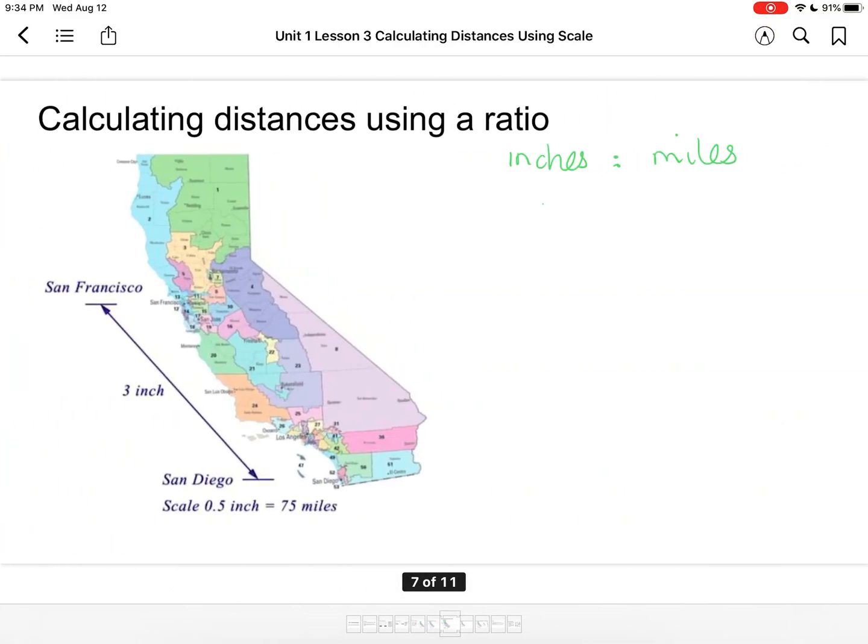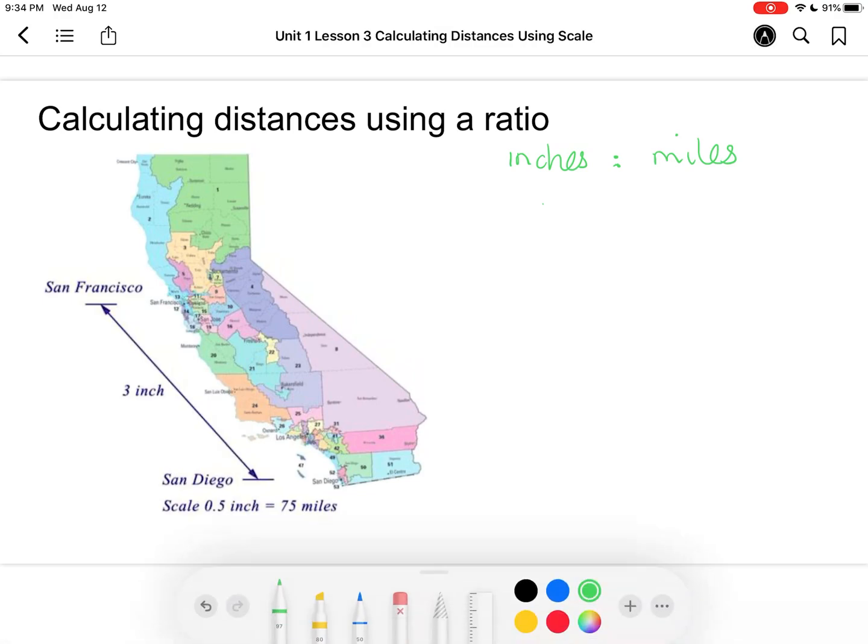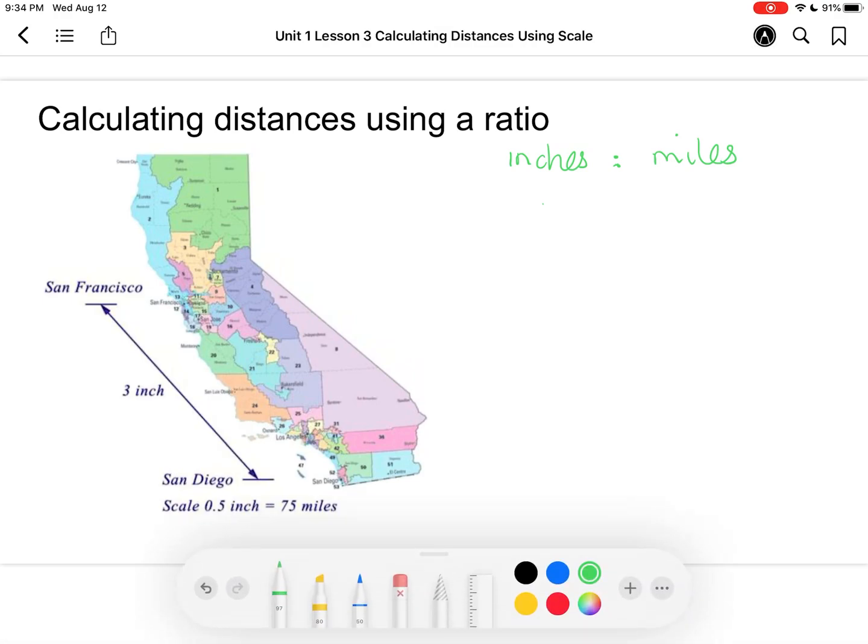Now we could also have set up a ratio, so let's do that here. We've got a scale of inches to miles, and we've got a scale of 0.5 of an inch is 75 miles. So we've got 3 inches. How many miles will that represent? I'm going to say x.